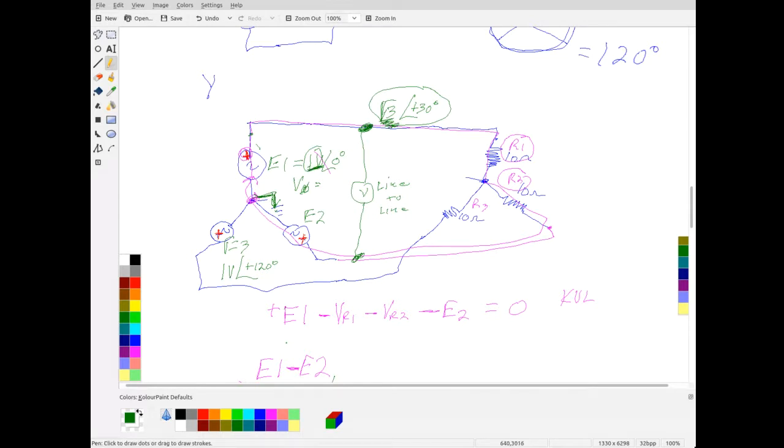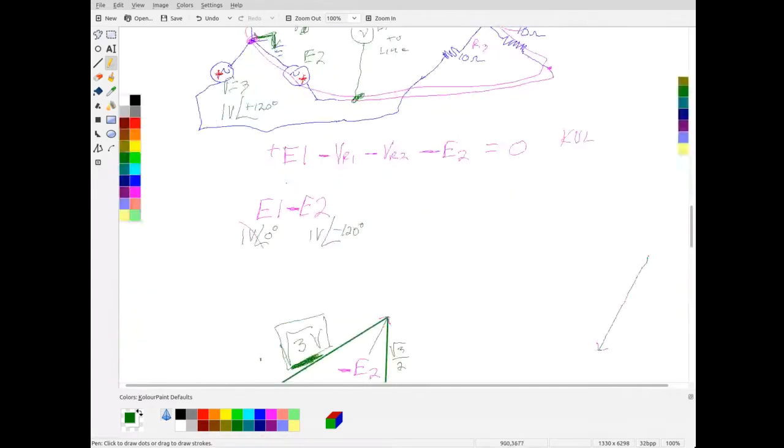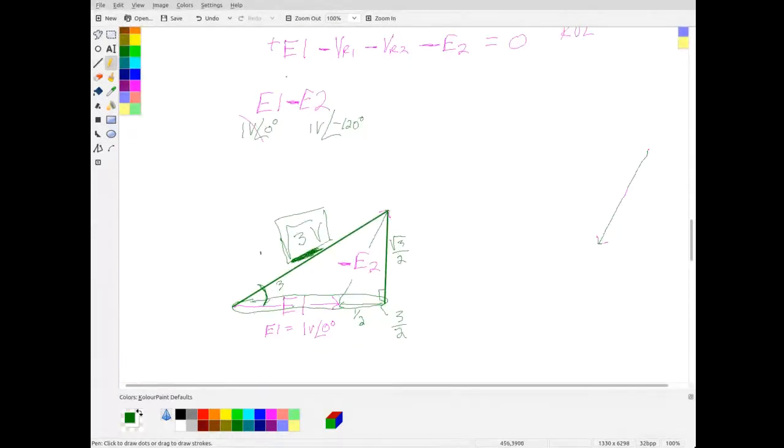The voltage is bigger, and the phase angle is shifted by 30 degrees. And that's what this Phasor diagram here is showing me. Okay, so I have a 30-degree phase shift from E1. Remember, E1 is the magenta sort of color here. So here was E1.